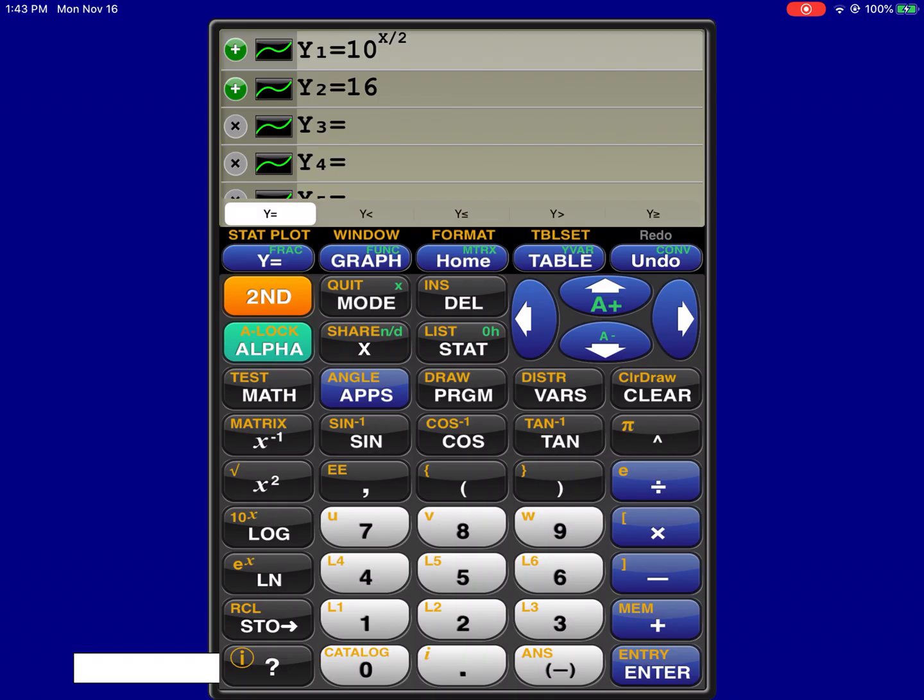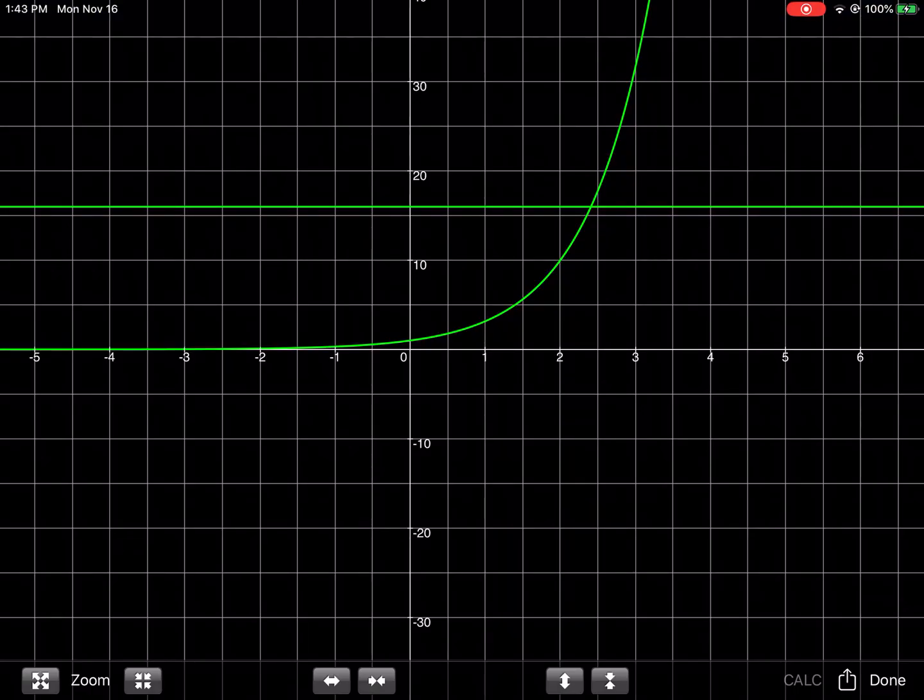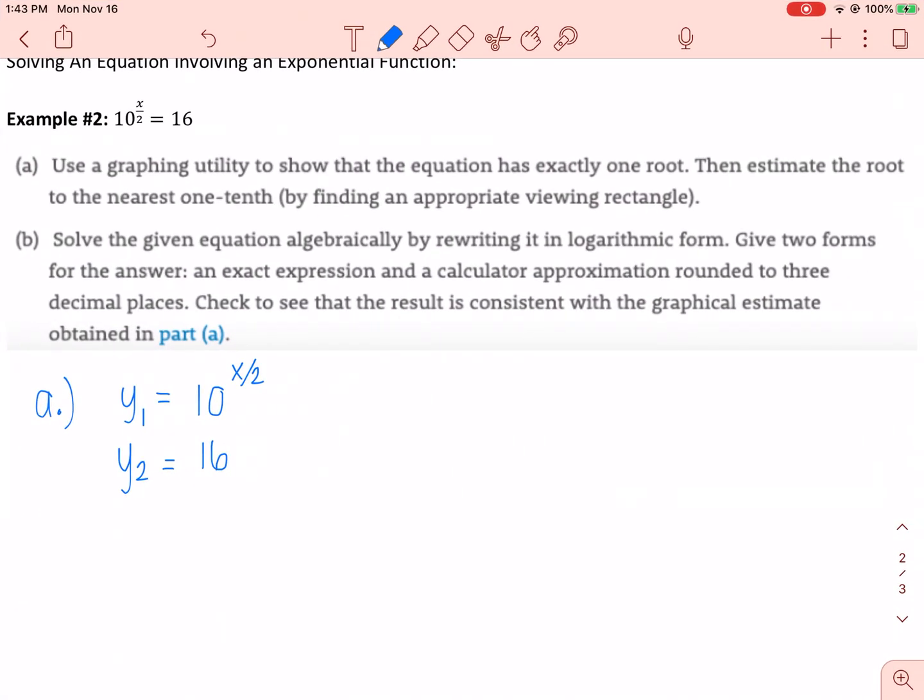So when you go to graph it, you'll get this. And now my goal is to find where they cross. If you didn't get this, please press zoom standard. So zoom 6. That's always helpful. Kind of recenters your graph. But our goal is to find where they cross.